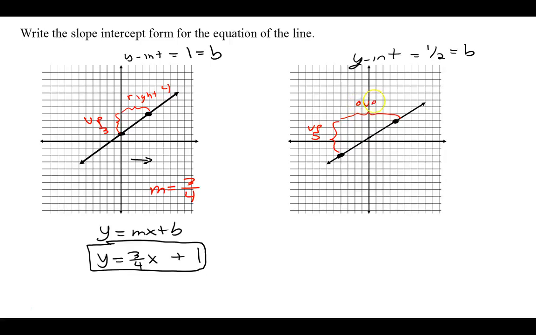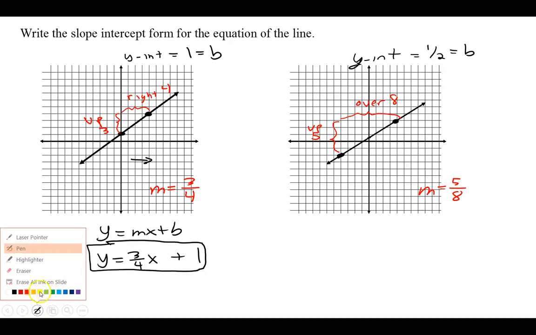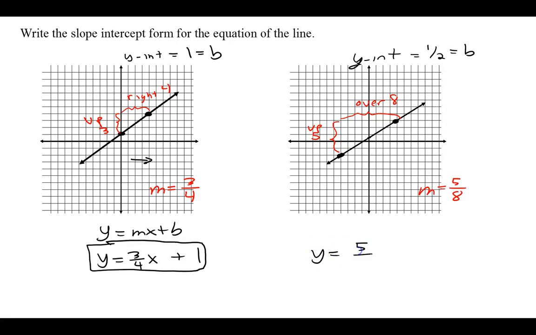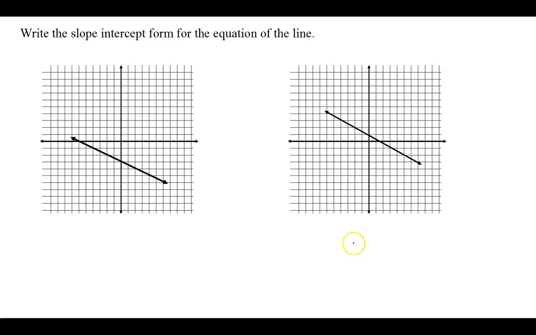Yeah, we go over 8. So we're going to say the slope is 5/8. And therefore we'd have 5/8 x plus a half. Okay. All right, great.